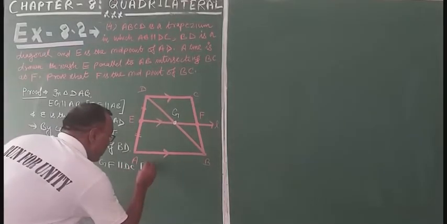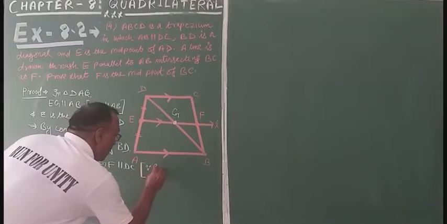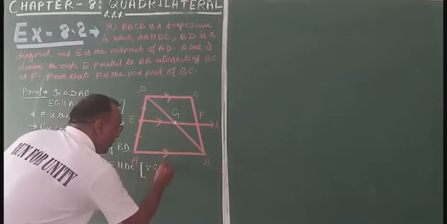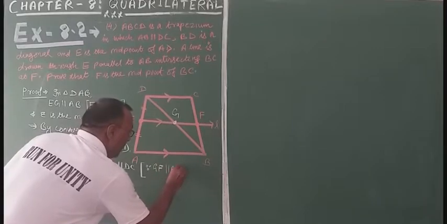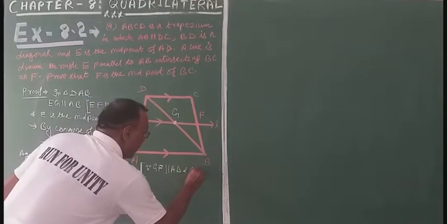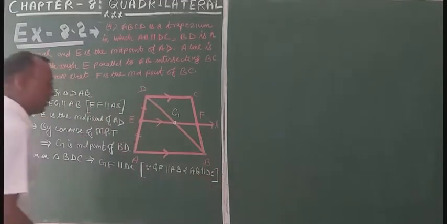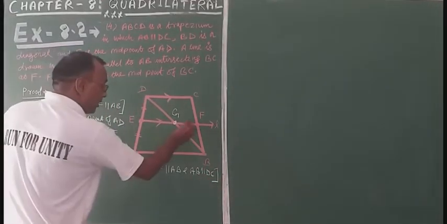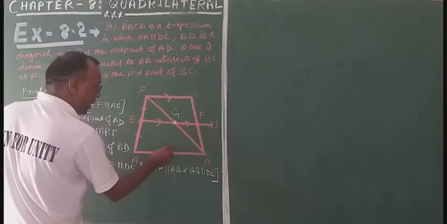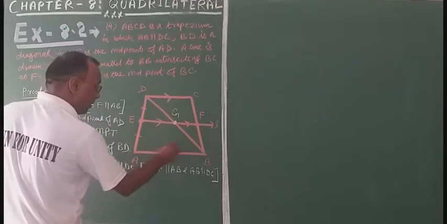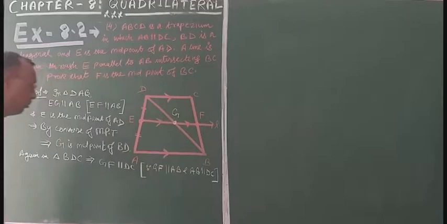Why? Since GF was parallel to AB and AB was parallel to DC, this GF will also be parallel to DC.